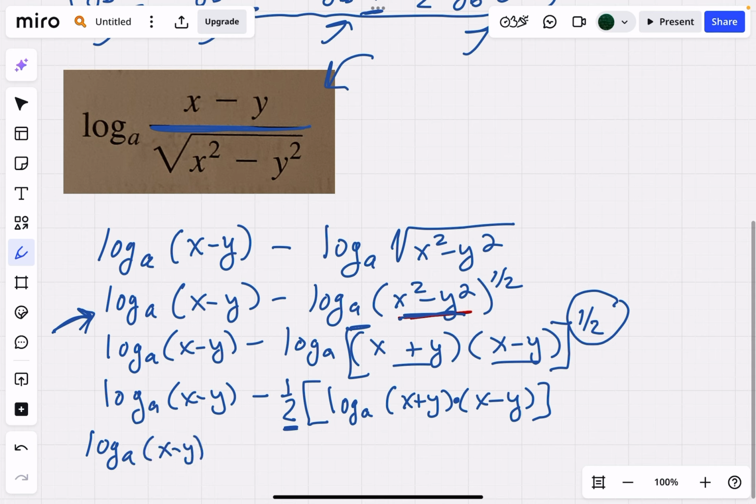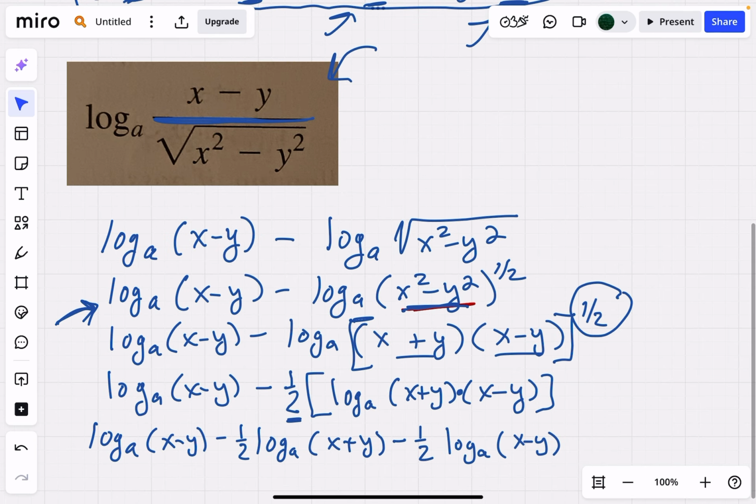But if I break this up and distribute, I'm left with a negative half times log base a of x plus y, minus, because this is a negative half here, the log base a of x minus y. Okay.